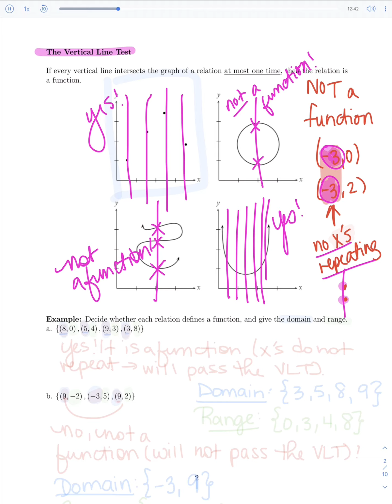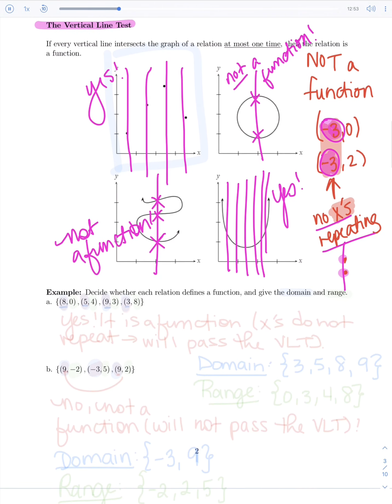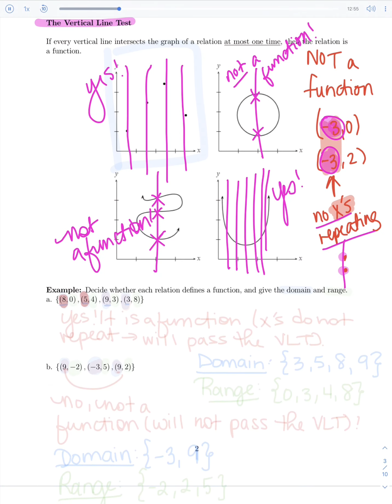So in this first example, let's first start by determining whether or not it's a function. Remember, the vertical line test tells us we're only worried about the x's. So let's look at the x's: 8, 5, 9, and 3. So what this means is because the x's do not repeat, this will indeed be a function.